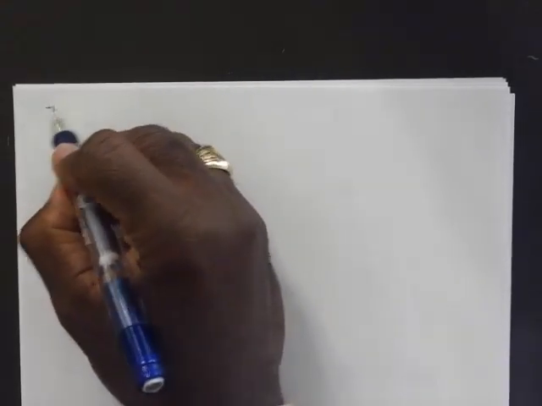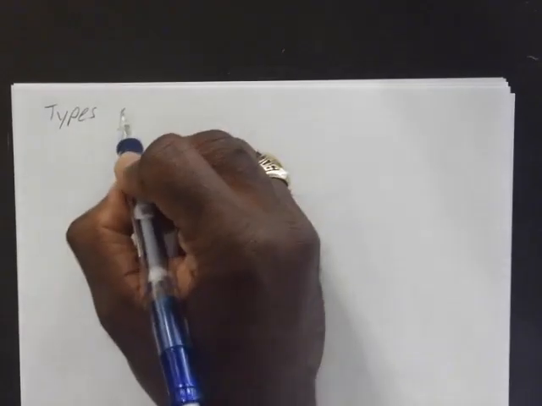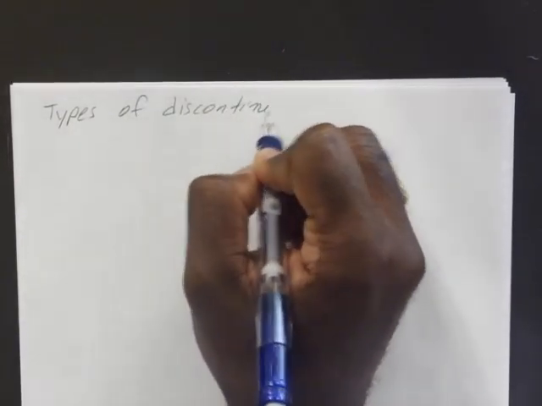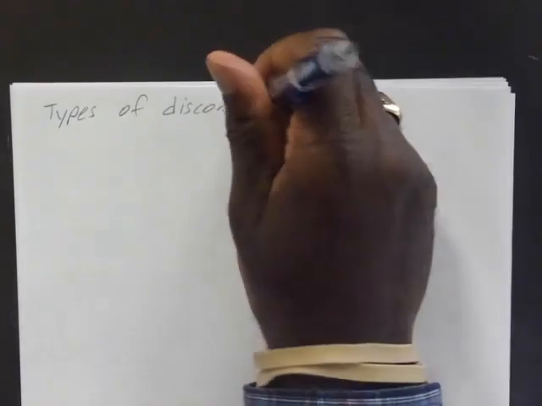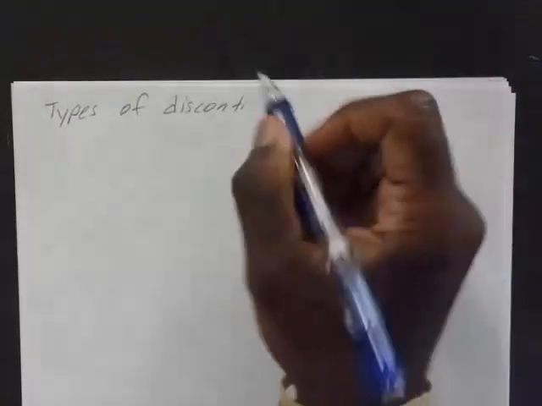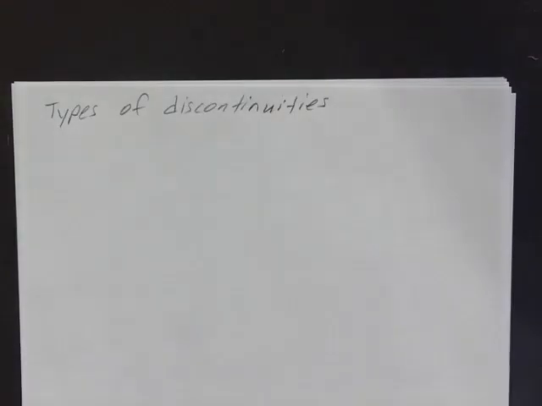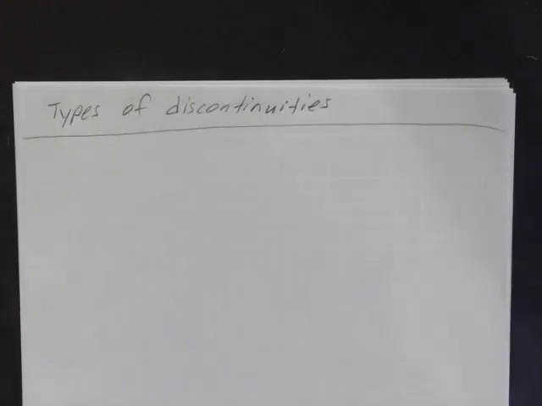Now we're going to look at the types of discontinuities. Discontinuous functions are just functions that are not continuous.